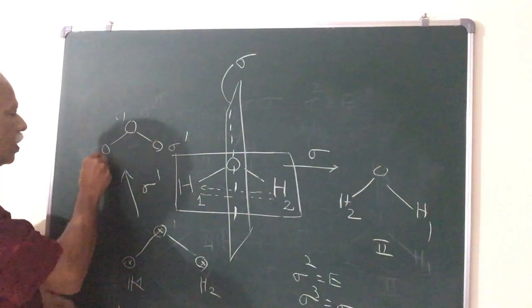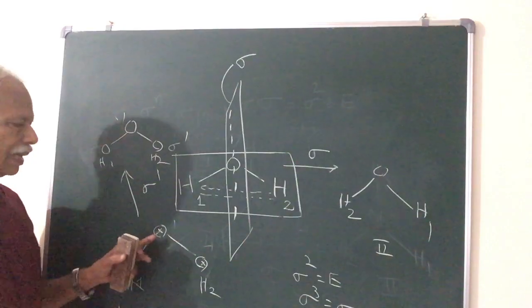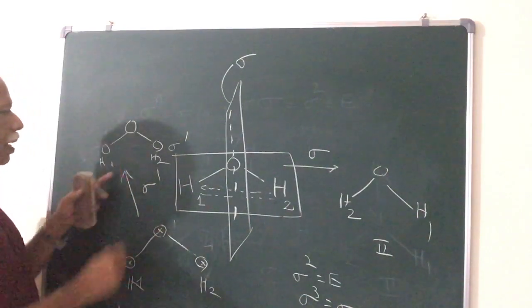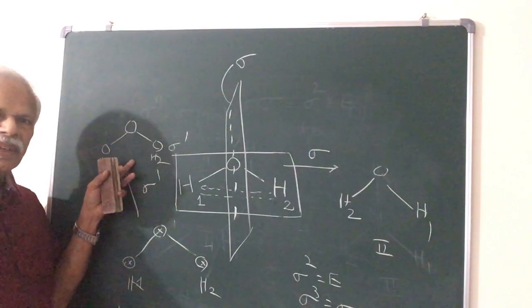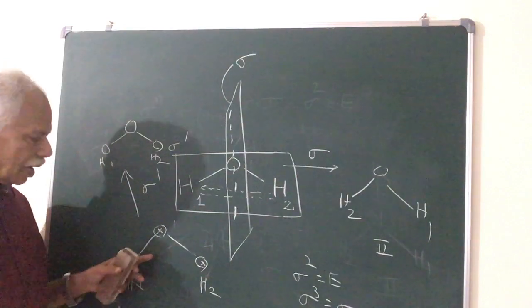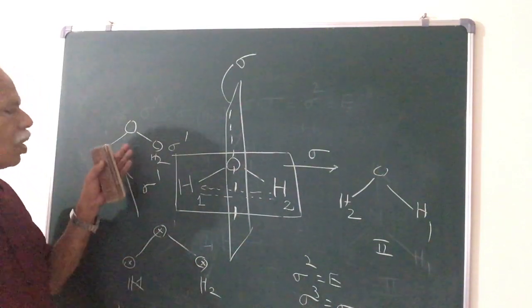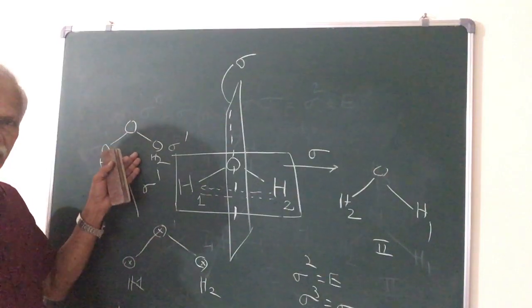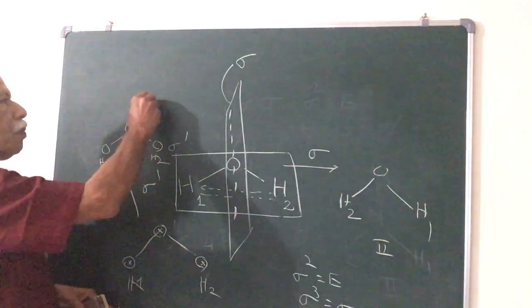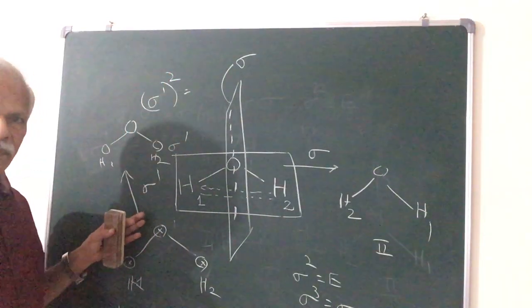You will get H1 and H2. You can see that this appearance I have written here at the top is slightly different from this appearance, because here the marked side has gone back in the second figure. So only on repeating this sigma dash will you get the original appearance.